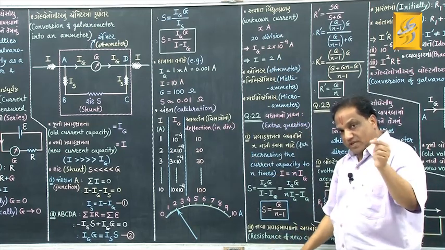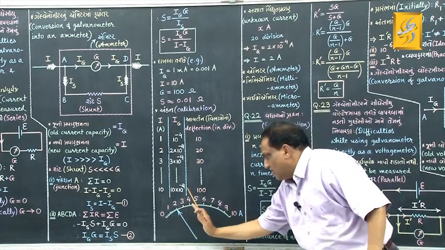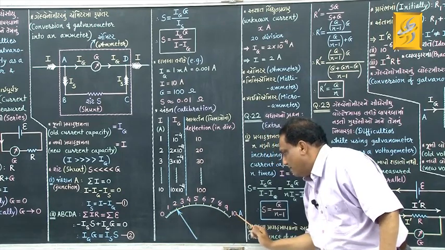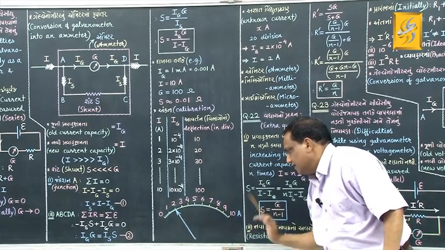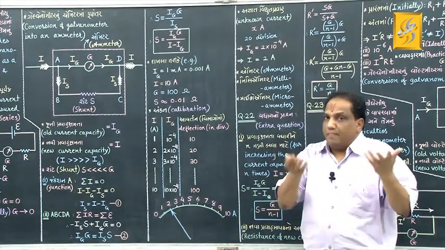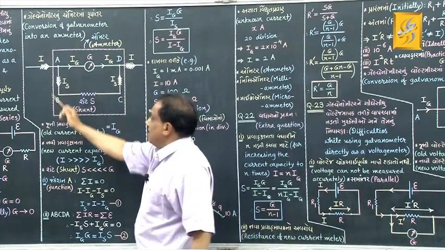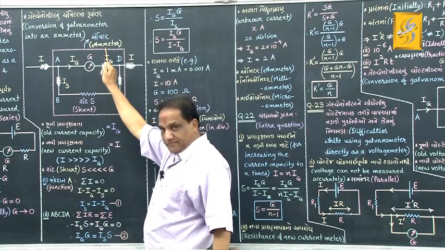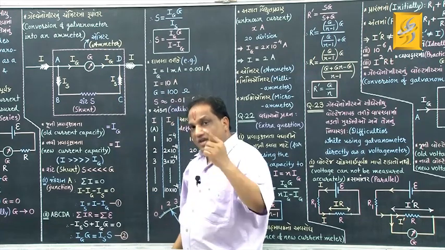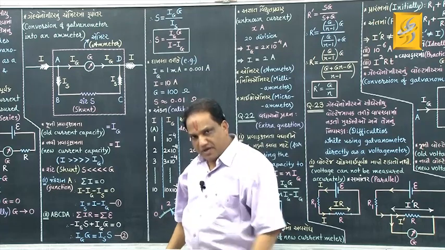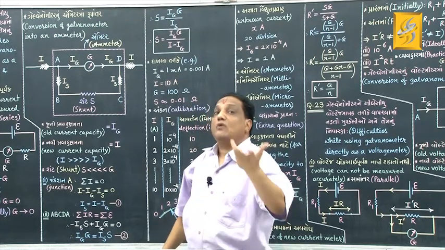So at that time, when you pass unknown current, the pointer would deflect up to this limit, which indicates total current to be 2 ampere, correct? So this is how current is measured in ampere. That's why this parallel combination can be taken as ammeter. Right from beginning, if you would have calibrated the scale of galvanometer in terms of microamperes, then you could have got microammeter.